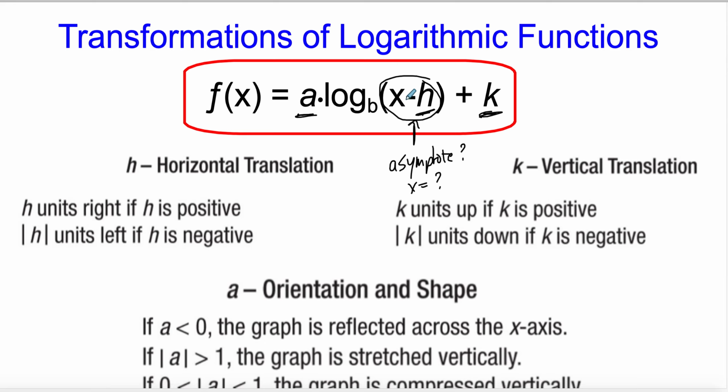If this is x minus 2, your asymptote's at x equals 2. On exponential equations, this was where the asymptote was before, but now since it's inverses, we're switched. This is where the asymptote is going to be. So if you want to write this stuff down, you can. I would definitely write this general form down and note that the h is going to tell me where the asymptote is before we graph.